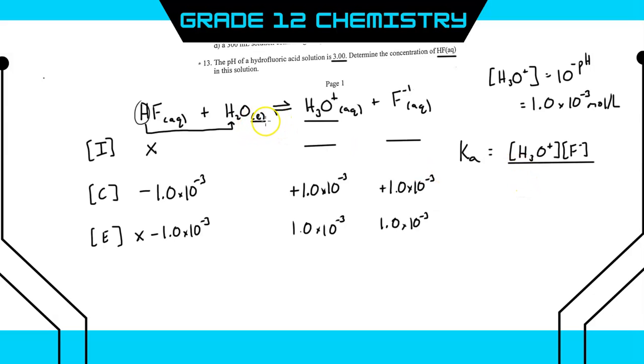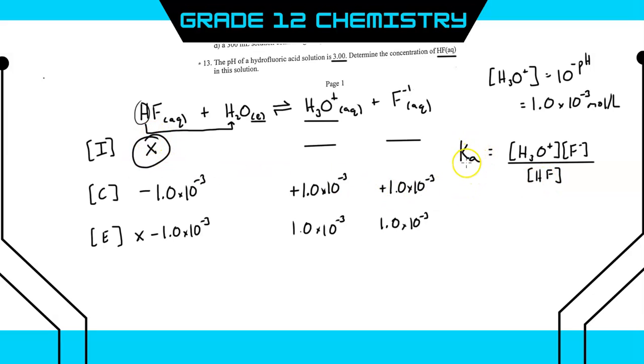But water is a liquid, so that gets put into our constant. So we're just left with the concentration of hydrofluoric acid. Now that's what we're looking for, which is going to be X.